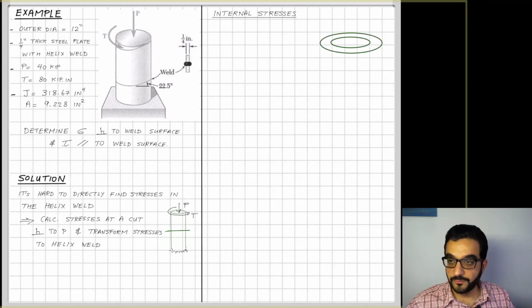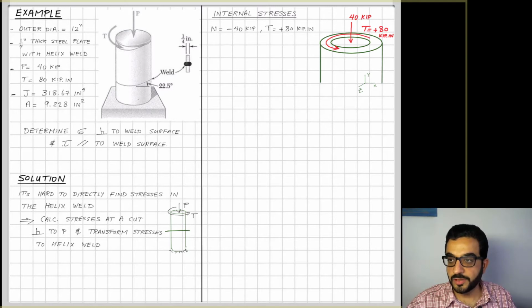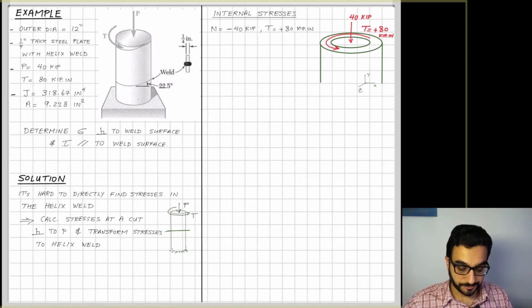If I want to find the internal stresses on the horizontal cut, I can see that I have internal forces, a normal one of 40 kip, which is compressive and negative, and then a torque of 80 kip-inch. Let's focus on the maximum stresses that can develop in the weld, and I'm really magnifying the thickness of the plate.